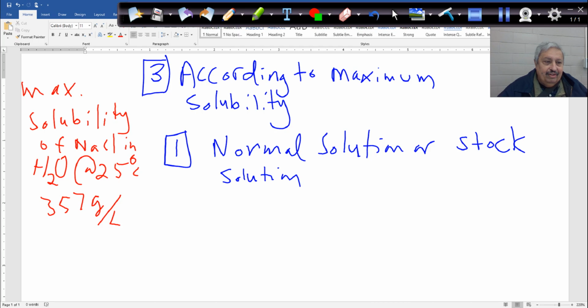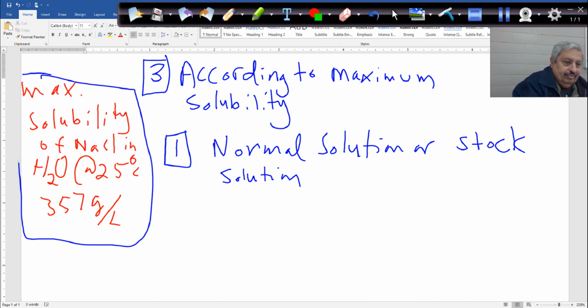So if this is given to me, and I have a normal solution or stock solution, I will have the least. It will be less.